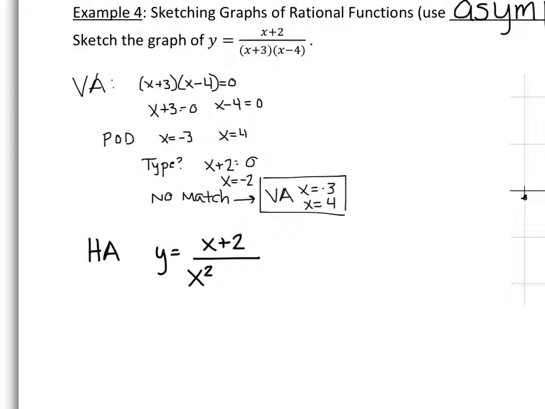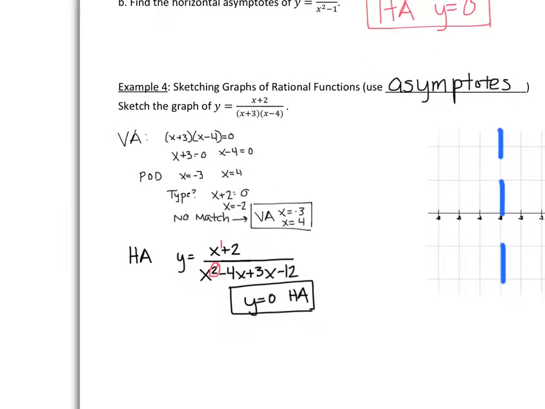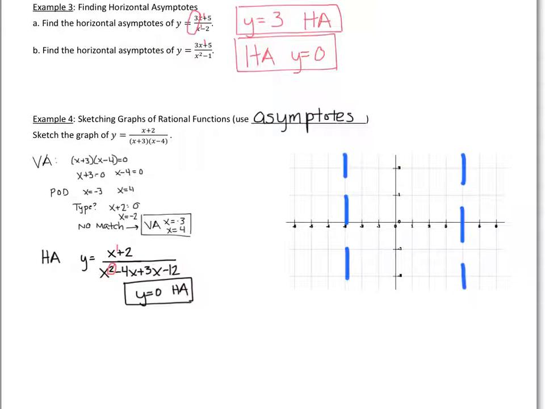Then outside, inside, last. We're concerned about the leading coefficient. Nothing else is higher than that. So we have 1 over 2, so that's little over big. So what is our horizontal asymptote? Y equals 0. You can go ahead and graph that. It's on the x-axis.